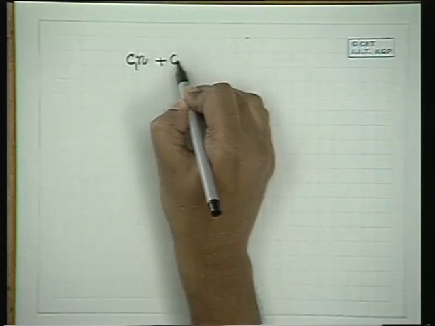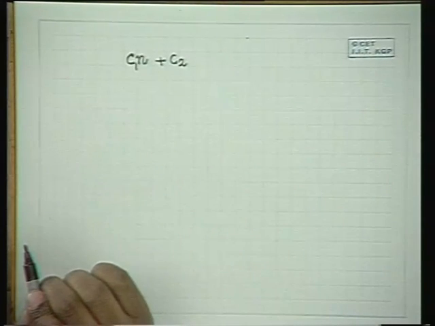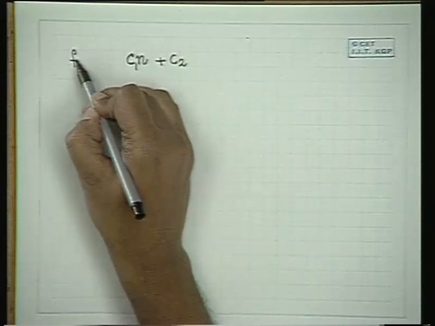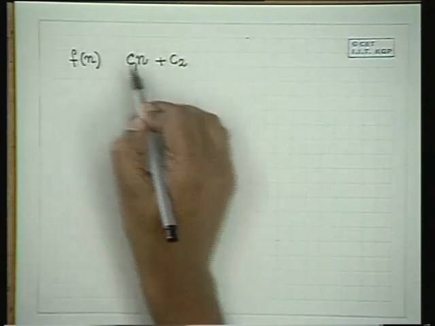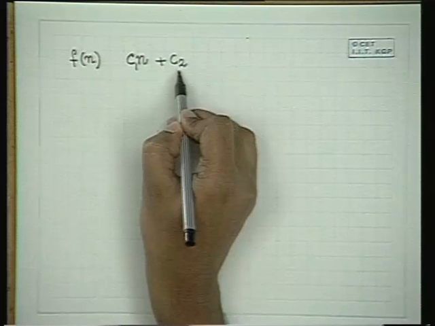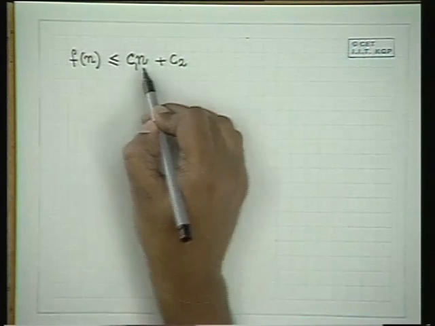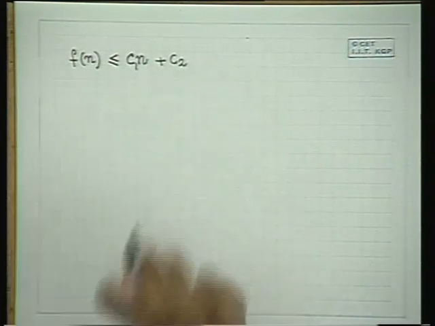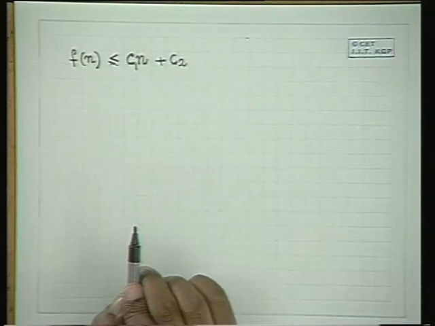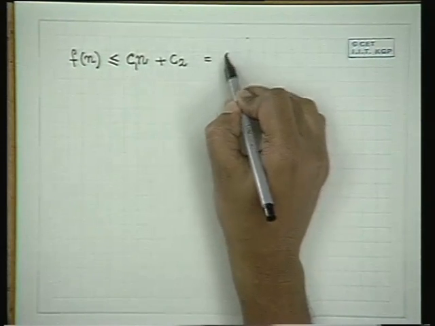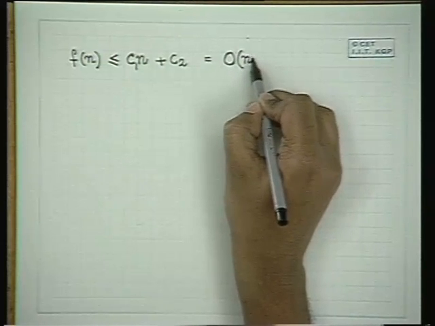So we will look at asymptotic complexity. Given a function C1n plus C2, that is, if the complexity function f(n), whatever you have computed, is a bound, that is, it will take less than C1n plus C2 time, we say it is order n.